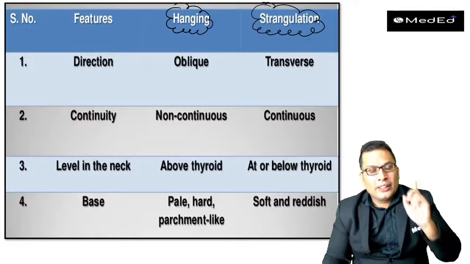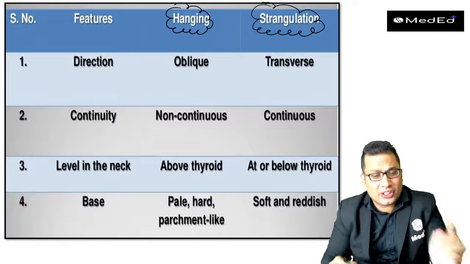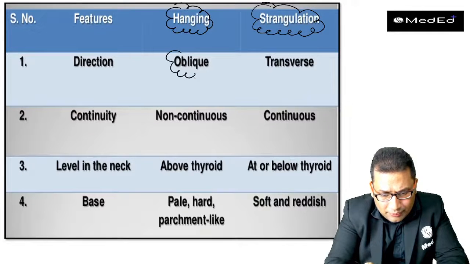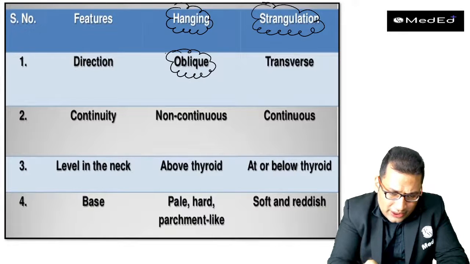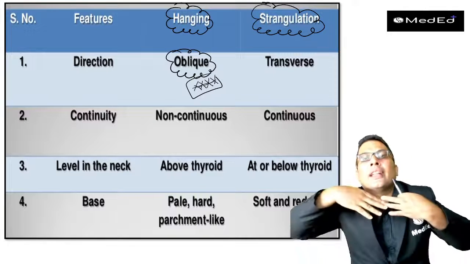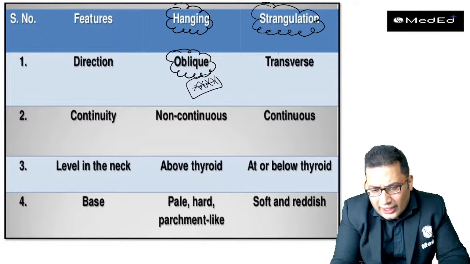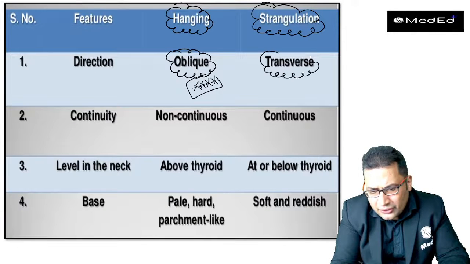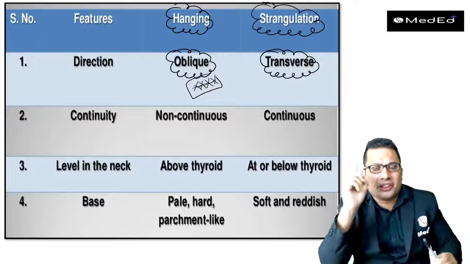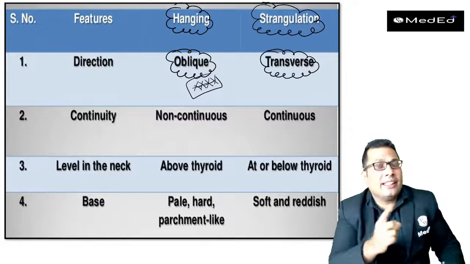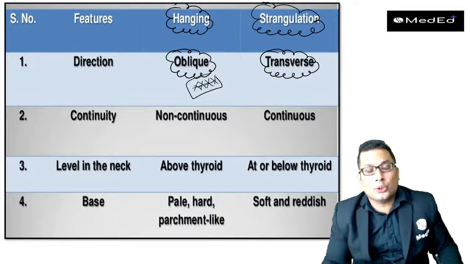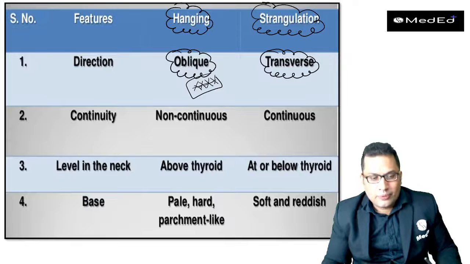In hanging, the ligature is oblique. This is a very important MCQ. But in case of strangulation, it is transverse, completely encircling the neck.